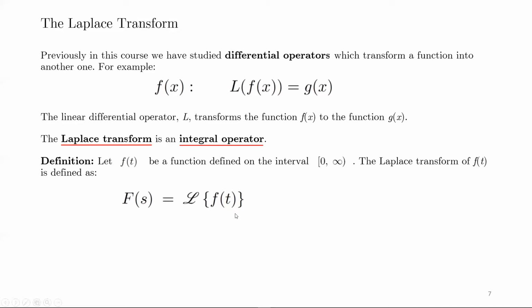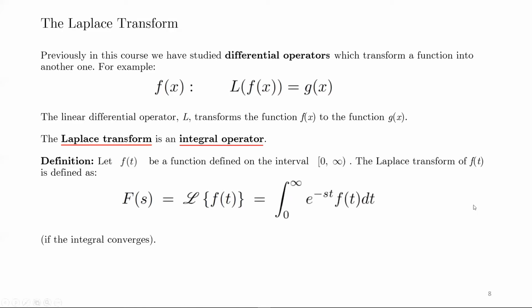Okay, but the definition of a Laplace transform of some function f of t is given like so. So we're taking this integral from 0 to infinity, so it's an improper integral because we're going to infinity here, of this exponential of minus s times t. So s is this new variable, t is our original variable, so we had this function f of t.